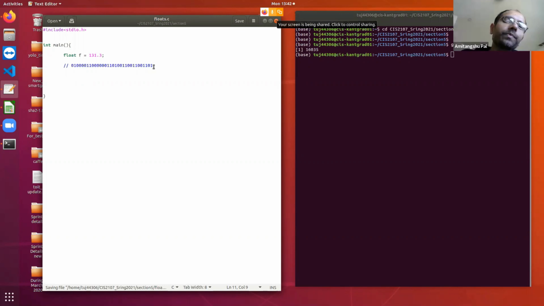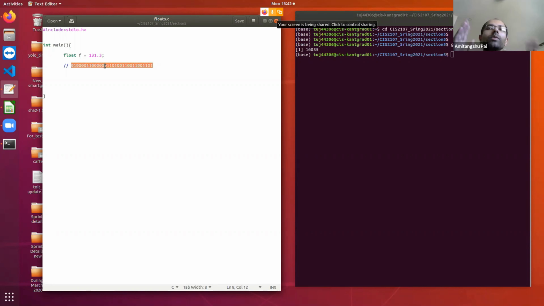The steps are these: first, I read that bit pattern in an integer format. Then once I have read the bit pattern as an integer, I know how to convert from integer to binary, so I'm going to use that technique.